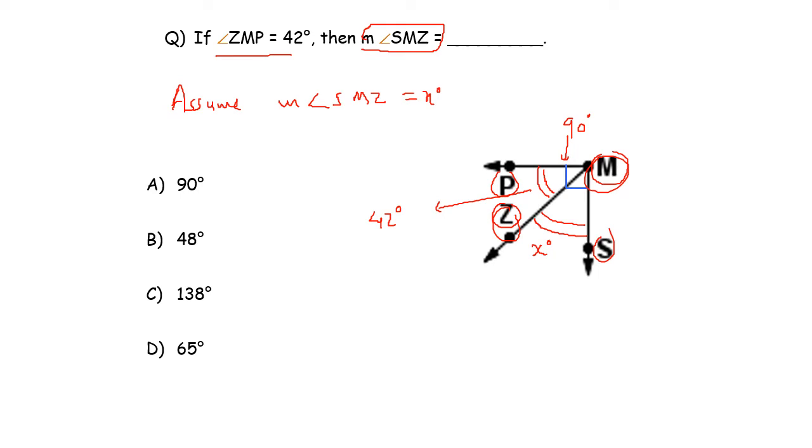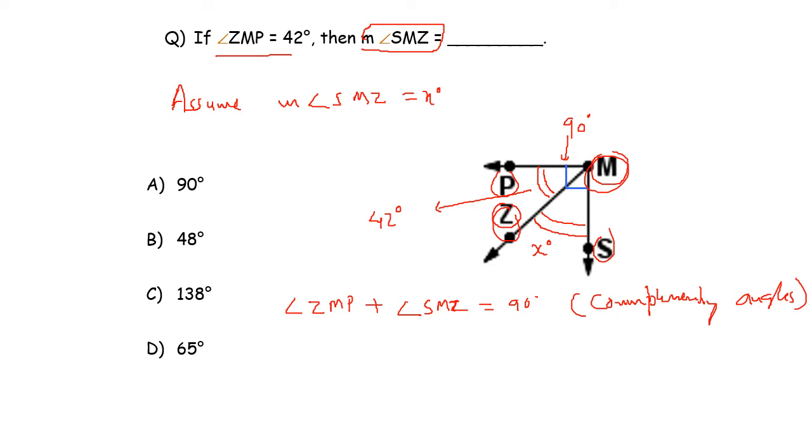So I can write like this. Since they are complementary, you can write in words also, angle ZMP plus angle SMZ equals 90 degrees. Why? You can write in brackets, complementary angles.